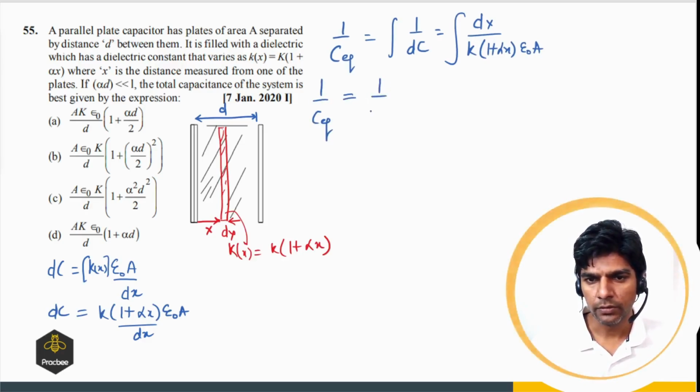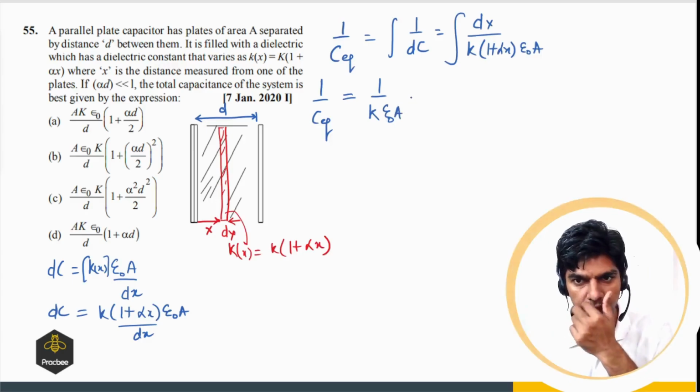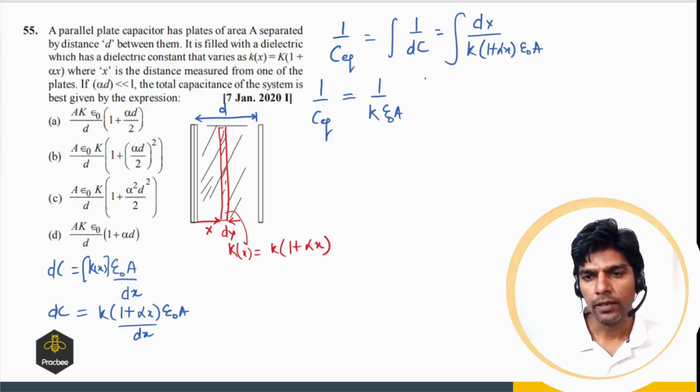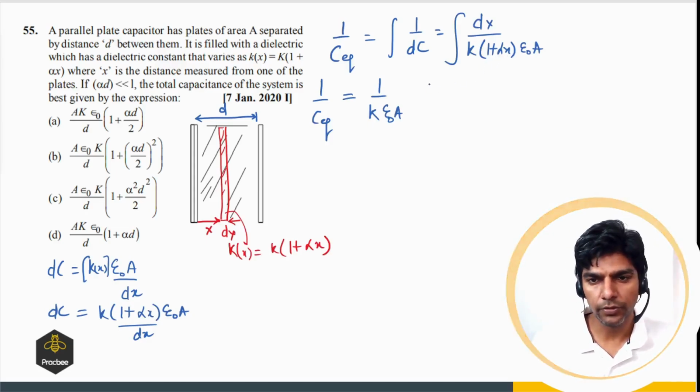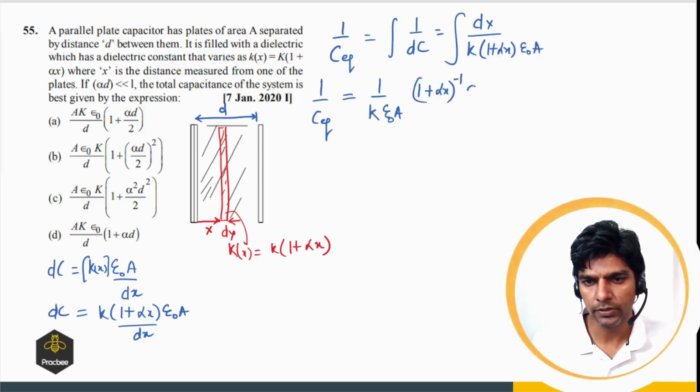We can take 1 by k epsilon naught A out of the integration because it is a constant factor, and we can take 1 plus alpha x in the numerator, and it will become (1 plus alpha x) raised to power minus 1.